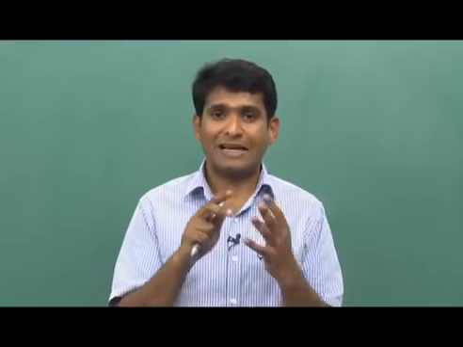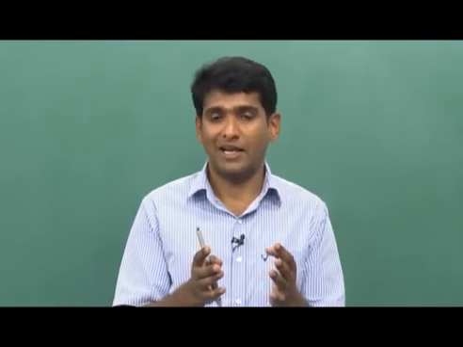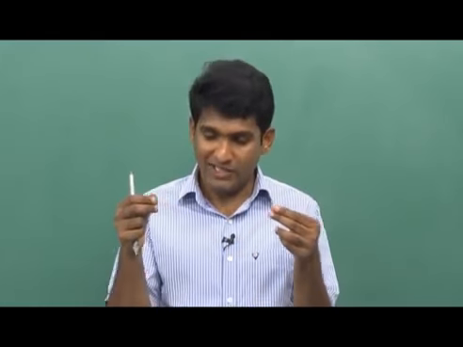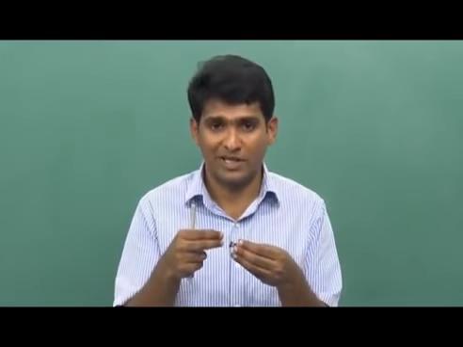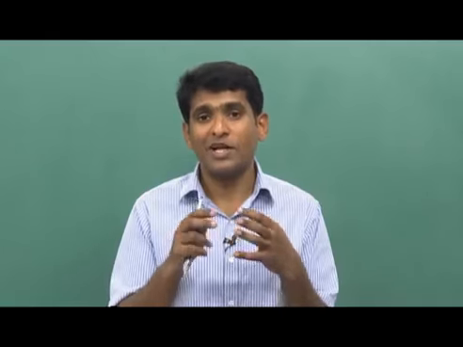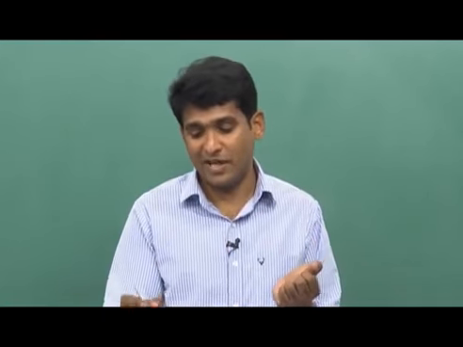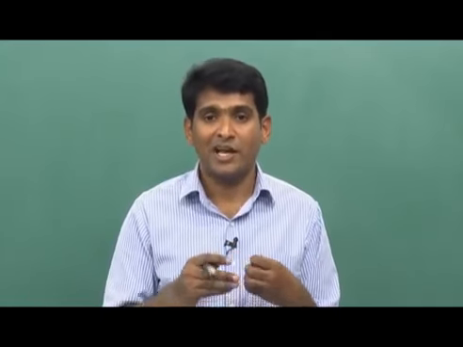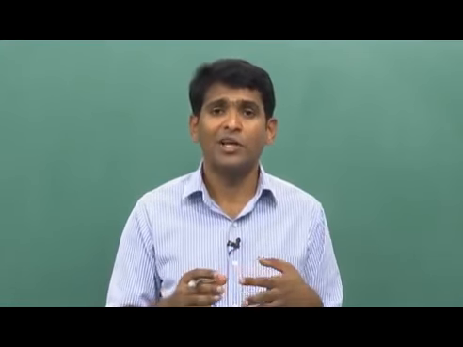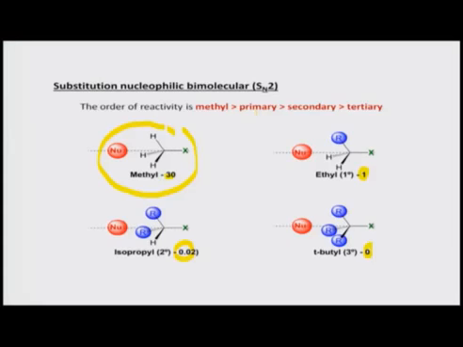It depends on the structural features of the alkyl halide, because a bulkier alkyl halide will not be able to have an initial bond starting to form between the carbon and the nucleophile. Therefore, primary alkyl halides react faster than secondary, which react faster than tertiary, and a methyl halide or halomethane reacts the fastest because it does not have any steric crowding around the carbon atom. So these are the representative reactions.